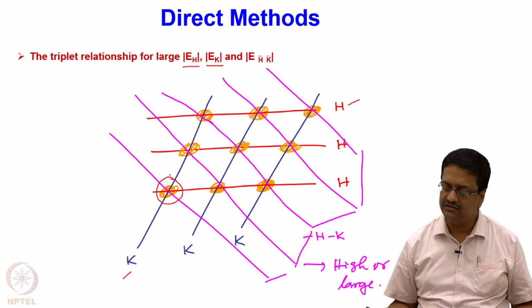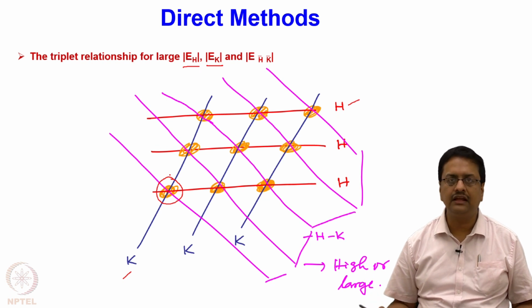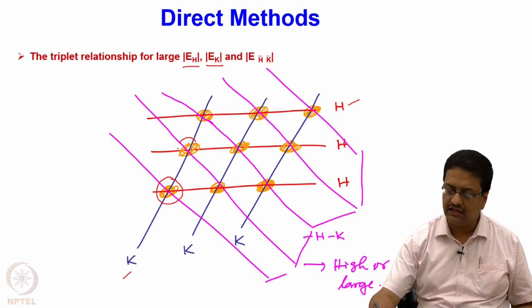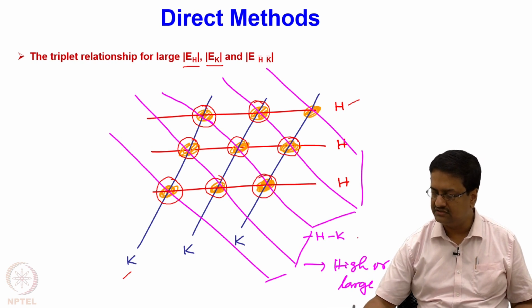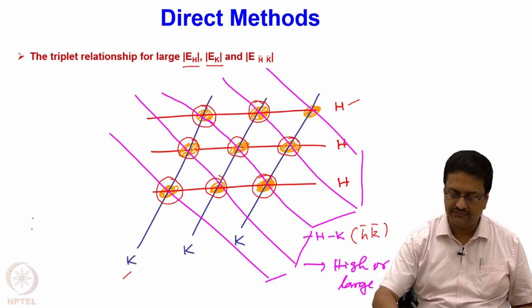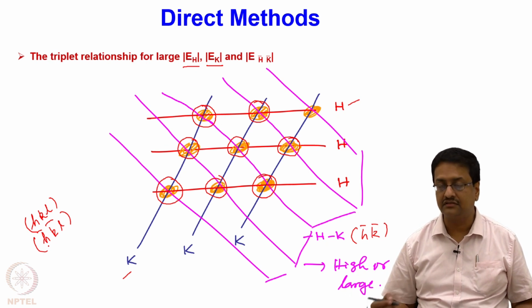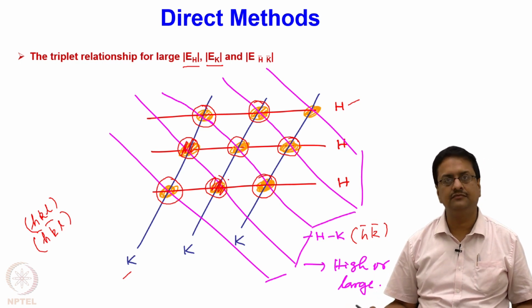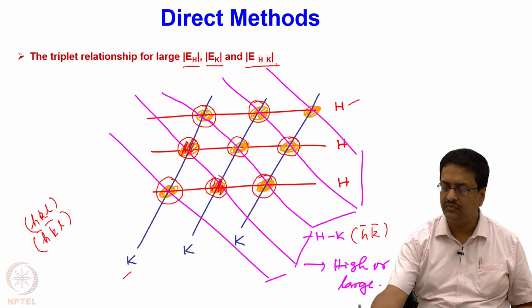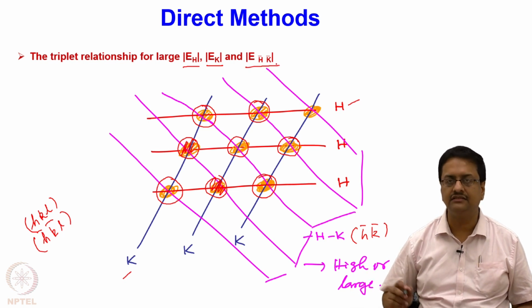The plane which joins those large electron density points is the plane h bar k bar in 2 dimensions, or in case of HKL, h bar k bar l bar, the plane which contains the larger electron density regions. So from this relationship one could conclude that h bar k bar will also have a large intensity.